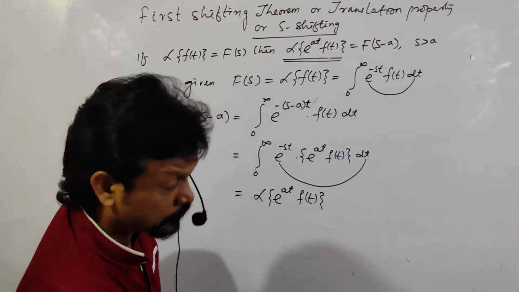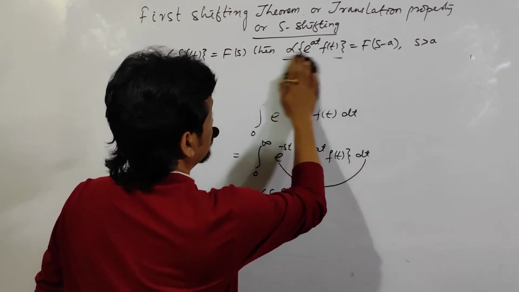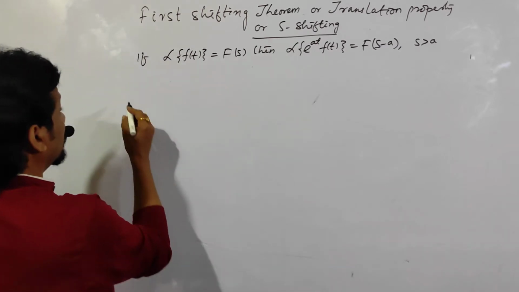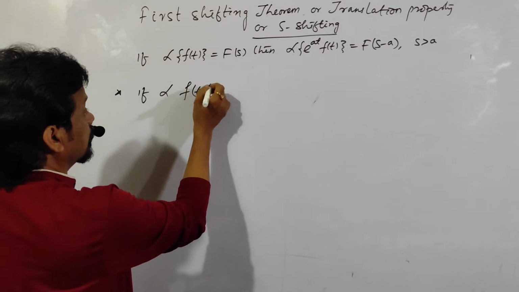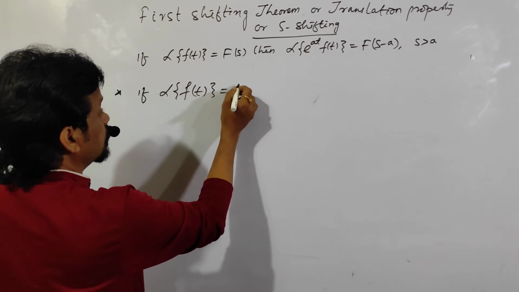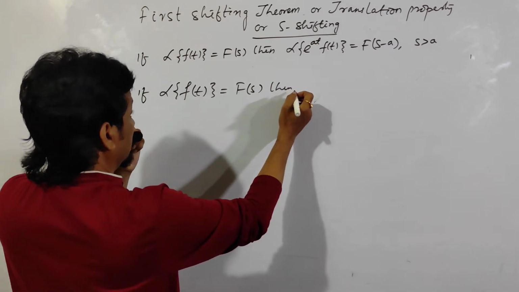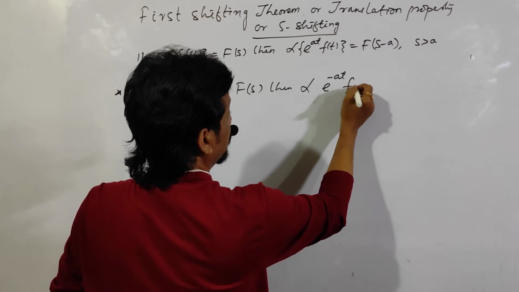Now see here, one corollary I am giving you. If Laplace of f of t is equal to F of s, then Laplace of e to the power minus at f of t is equal to F of s plus a, where s is greater than minus a.